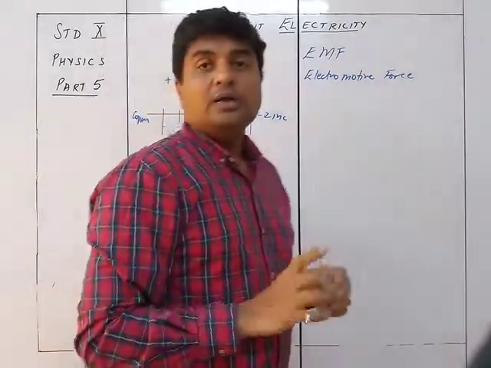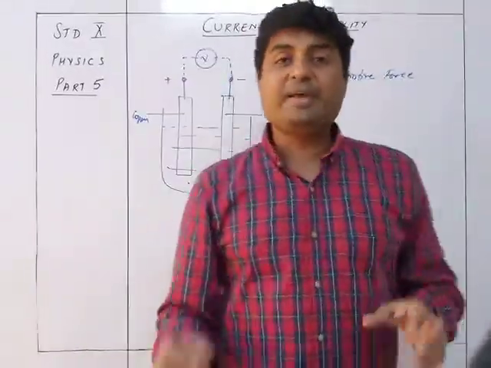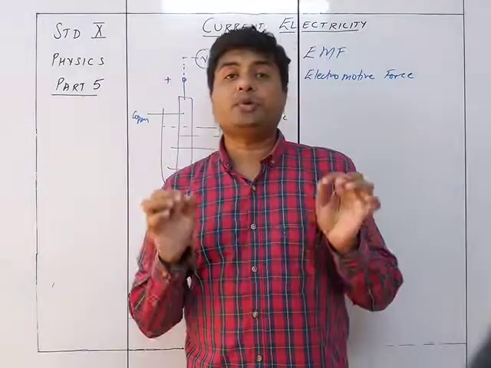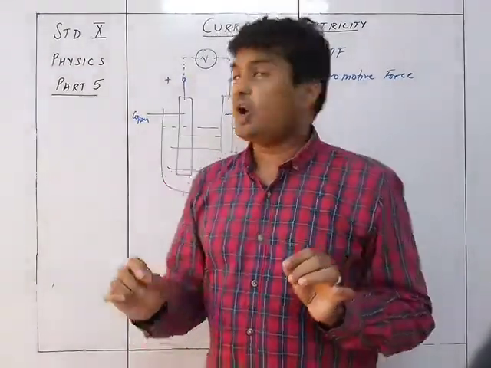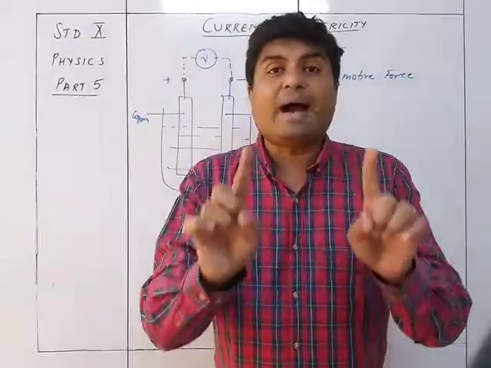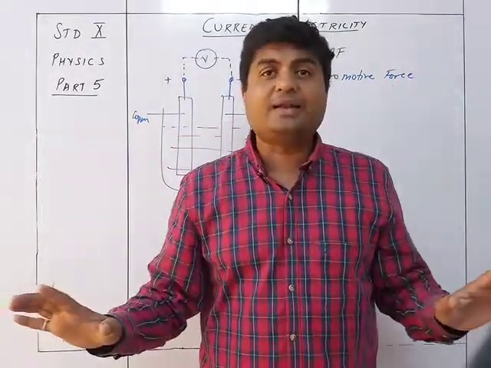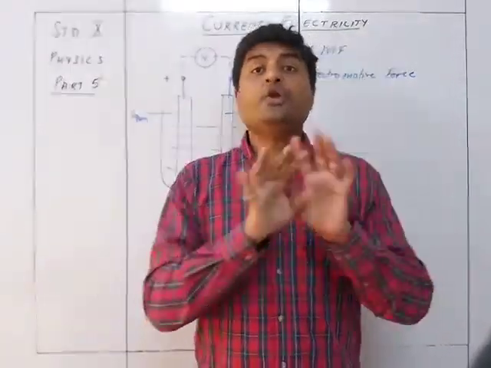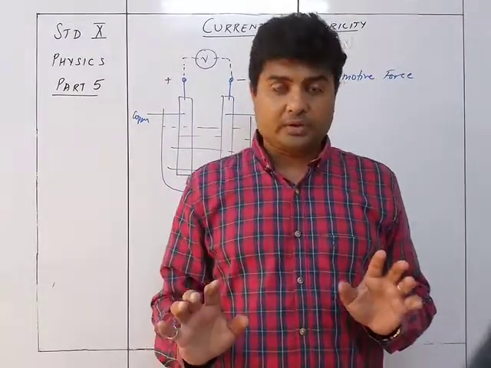So electromotive force can be said to be the potential difference across the two terminals of the battery when the battery is not connected to any circuit, means no current is flowing through it.